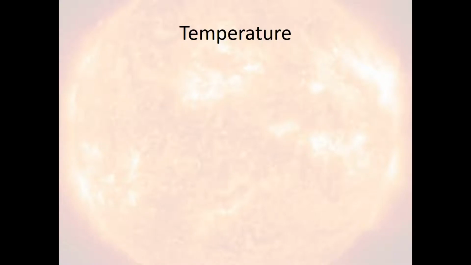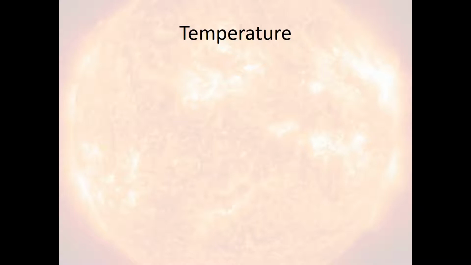When you think of temperature, if you're like me, you probably think of it as a definition of how hot or cold something is. But what does it actually mean? Well, to understand that, we need to think about it on a molecular level. So think about everything around you right now. The air you're breathing, the chair you're sitting on, the computer in front of you, even your own body is made up of trillions and trillions and trillions of tiny particles called molecules.